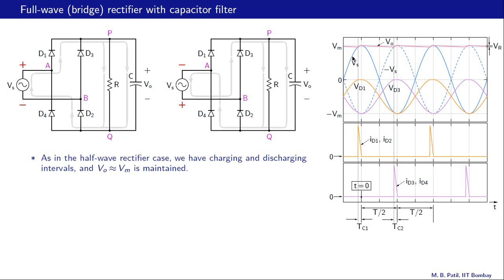When the input voltage Vs goes beyond the output voltage, D1 and D2 conduct, and when minus Vs goes beyond the output voltage, D3 and D4 conduct. Once again, the diode currents will turn out to be large compared to the load current.